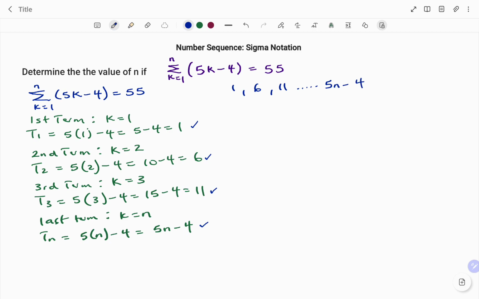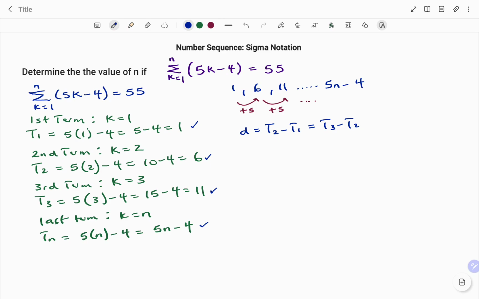If you look at what we have, you will see that to get to the next term, we add 5. That is, 1 plus 5 will give us 6, 6 plus 5 will give us 11, until we get to the last term. So it's an arithmetic series, and the common difference d is equal to t2 minus t1, which is also t3 minus t2.